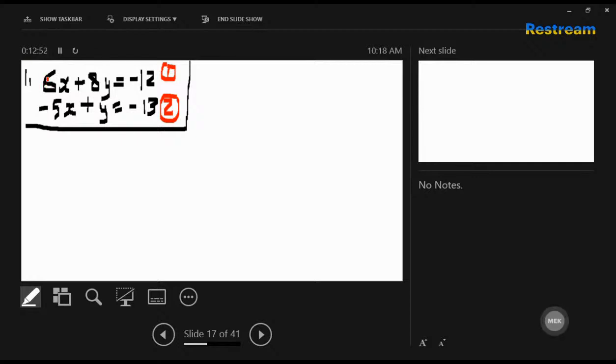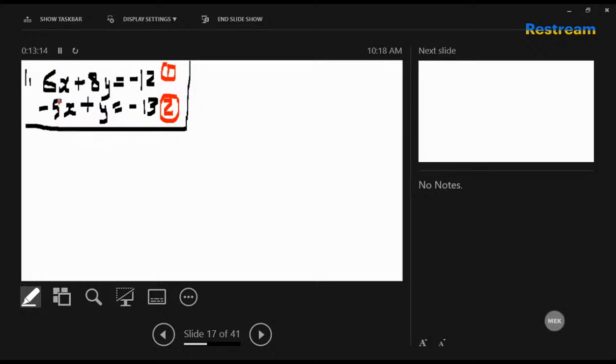Some teachers would say multiply equation 1 by -5 and equation 2 by 6. For me, that part doesn't matter, because we're still going to need to look at the signs and decide whether we're going to add or subtract. So I'm just saying work with the actual digit itself.